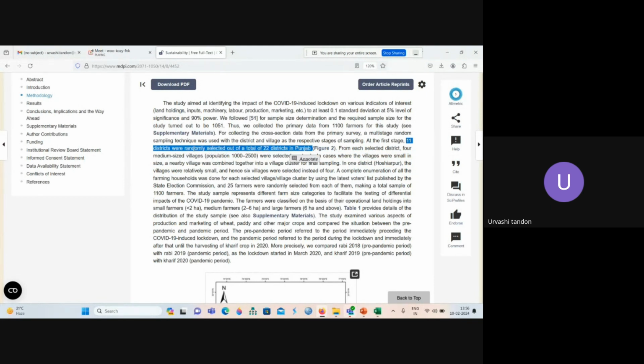See, here what it is showing is the random sampling. Now from each selected district, 4 medium size villages were selected randomly.